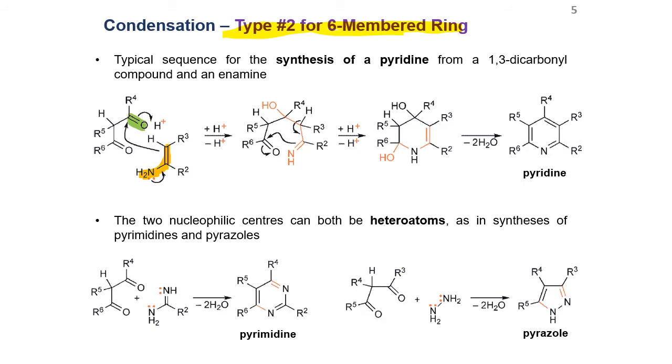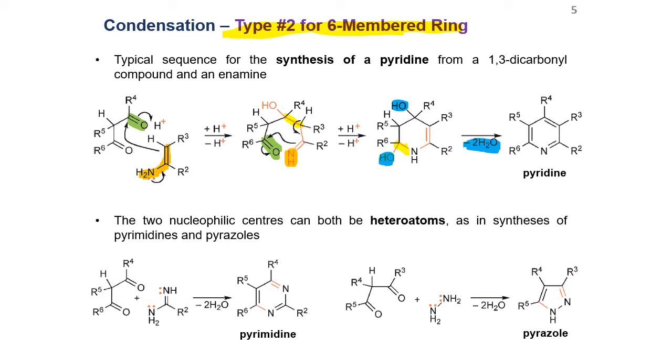So it will attack one of the ketones to form the first carbon-carbon bond, and after that you can use the heteroatom here as a nucleophile to attack the electrophile, a carbonyl group, and form another carbon-heteroatom bond here. And after that you have 2 leaving groups, this OH and that OH. So by removing 2 water molecules, you will complete the aromatic system to form pyridine.